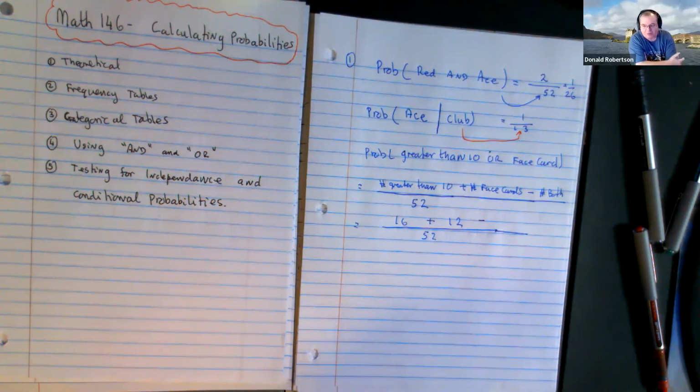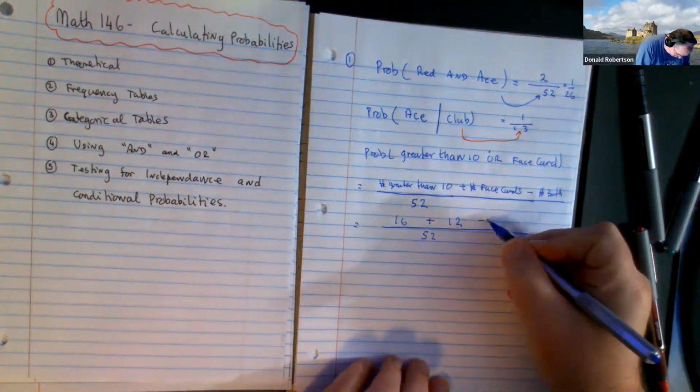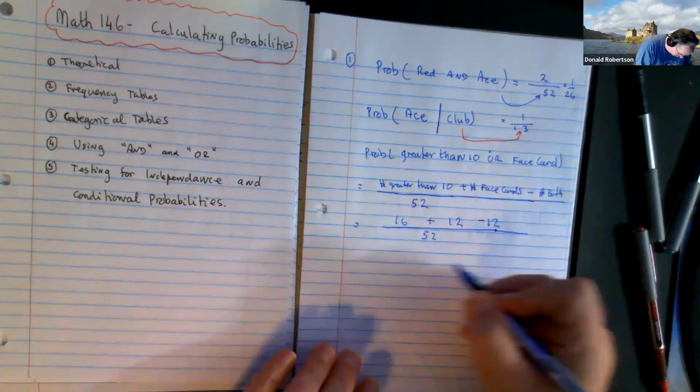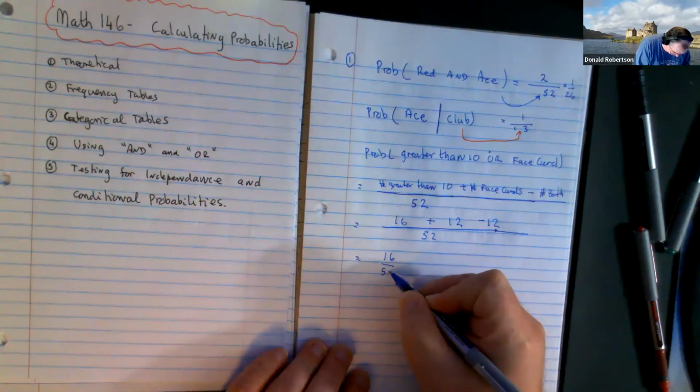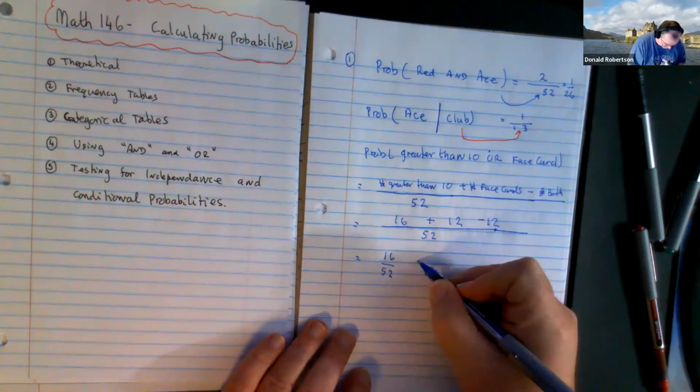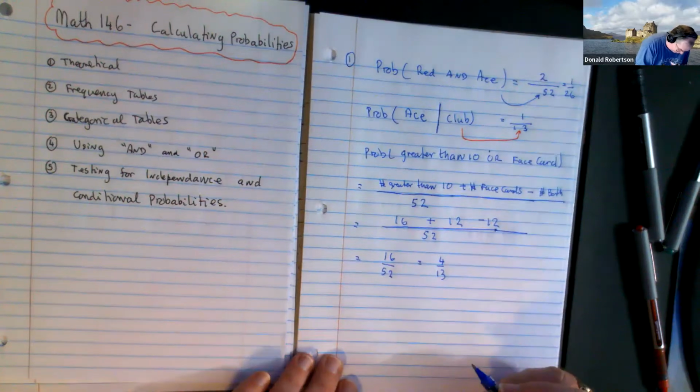It's a little bit silly, but what's the answer? Isn't it all? It's all of them. So can you see in this question, you end up with just 16 out of 52, which I believe is 4/13.